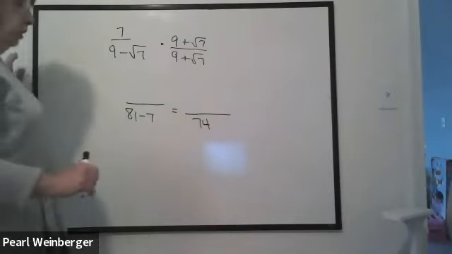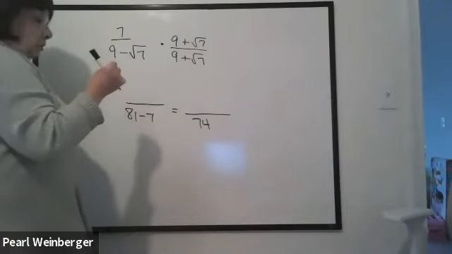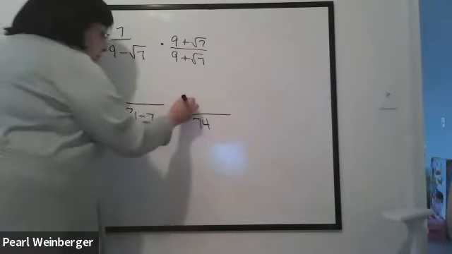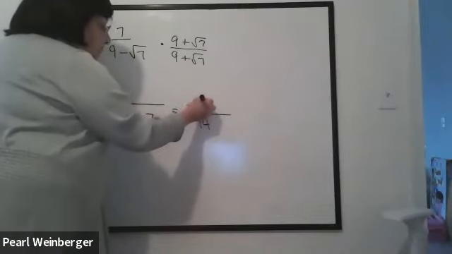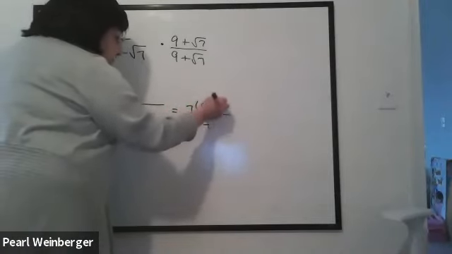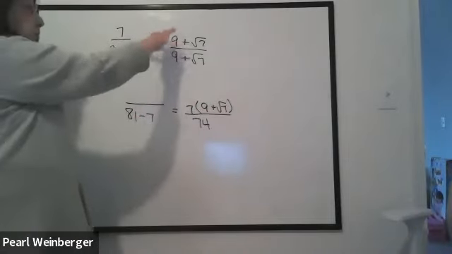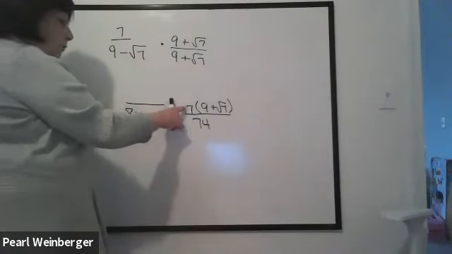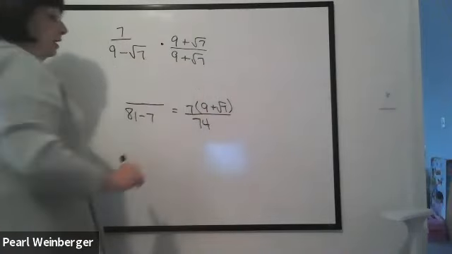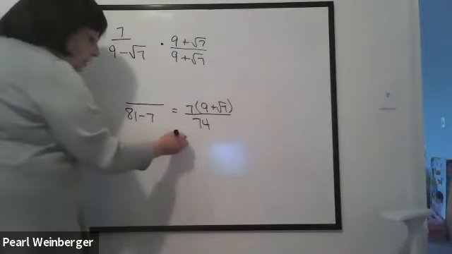Okay, what about the numerator? Well, the numerator could either be written like this, 7 parentheses 9 plus radical 7. You could just write it with parentheses, not actually multiplying the 7. That is considered a correct answer.